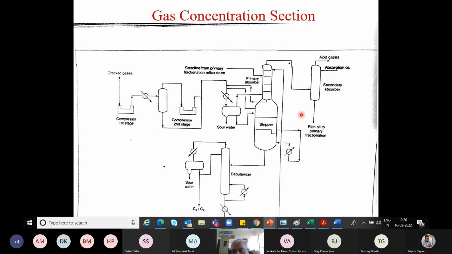And this goes back into the primary fractionation column, that is the main column. The gases are then sent into the fuel gas header in a refinery. This still has a pretty high calorific value because it has hydrogen, C1, C2, C3, and a little bit of C4. Not a large amount of C4, but at least C1, C2, with a little C3.